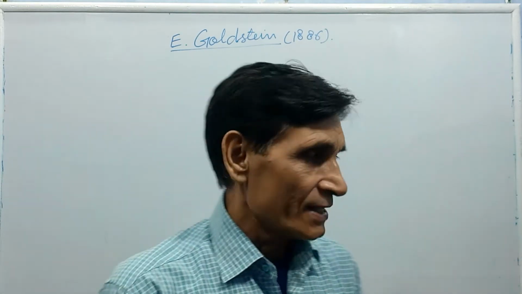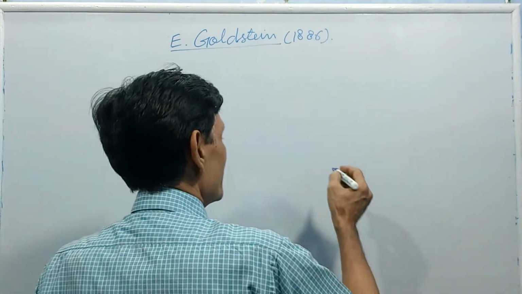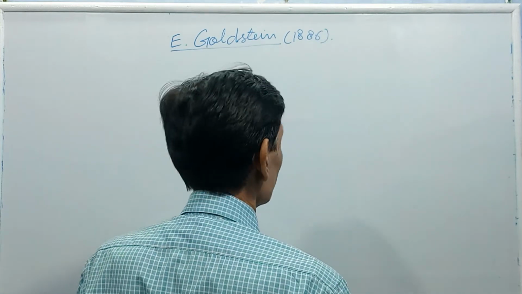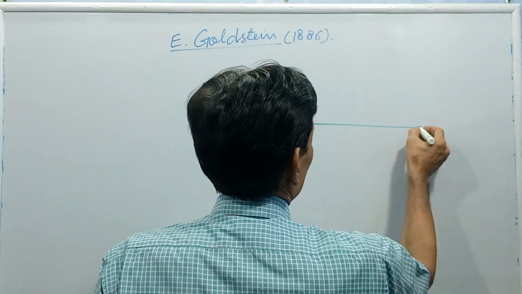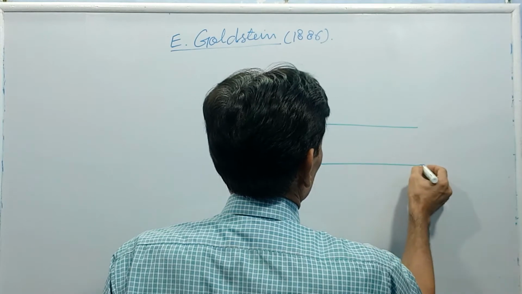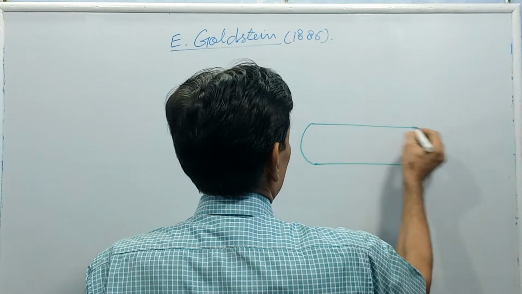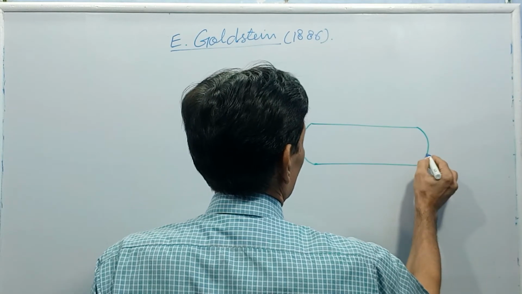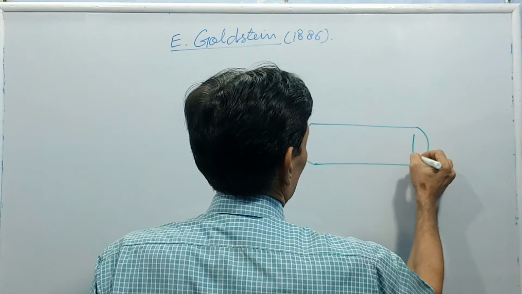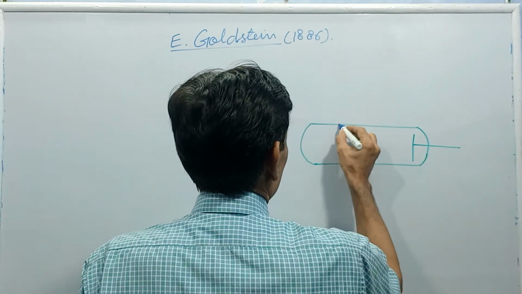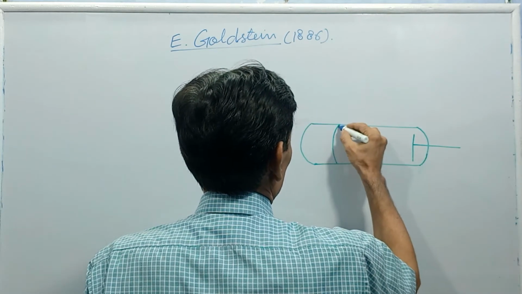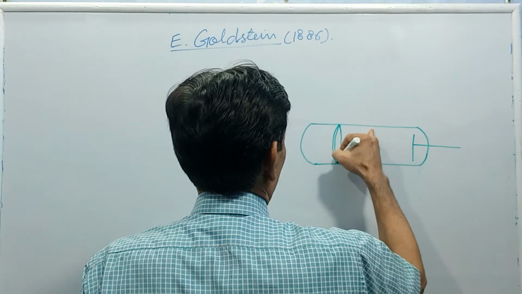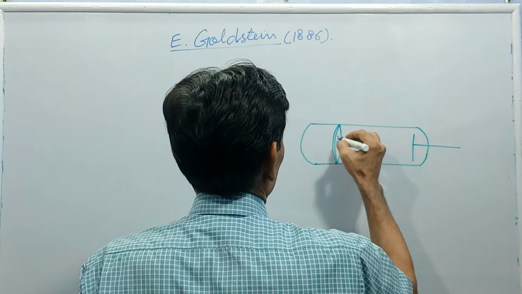Next point, I am going to tell you about the discharge tube. It was like that. Suppose this is a discharge tube. In this discharge tube, here is the anode and here is the cathode. A perforation was there.